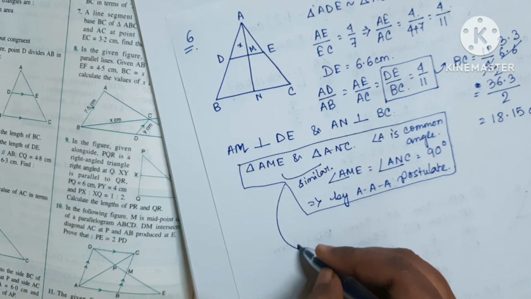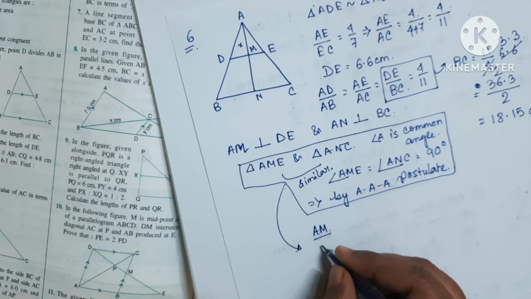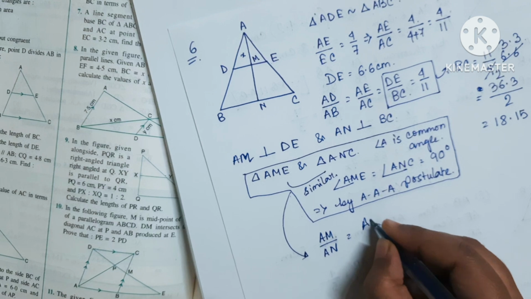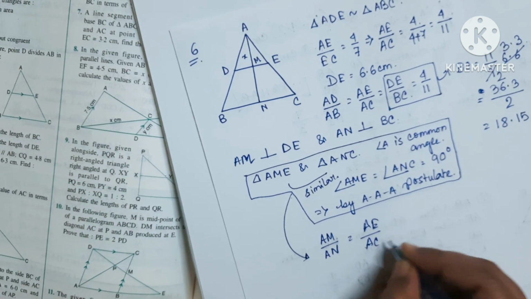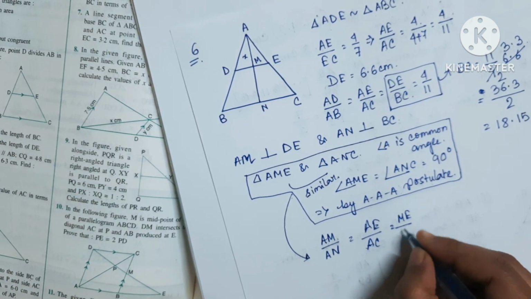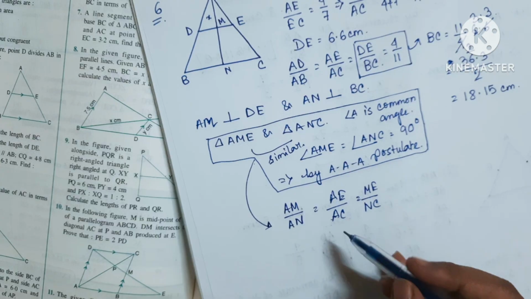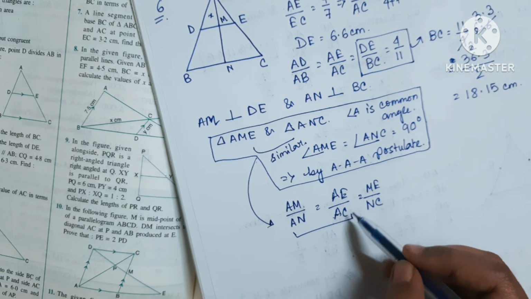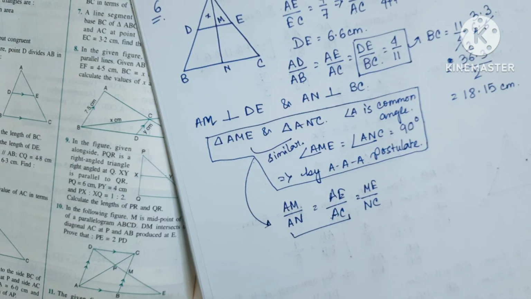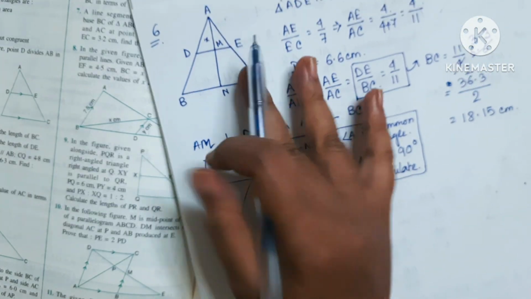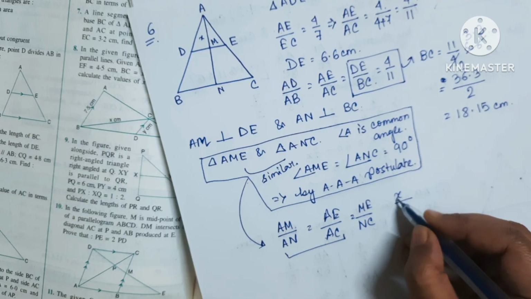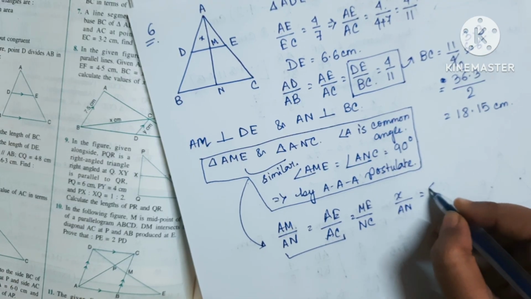So from here you can say AM by AN is equal to AE by AC is equal to ME by NC. Now from these two parts, since AE by AC is given to you as 4 by 11, and AM is equal to X, you can write X by AN is equal to 4 by 11.